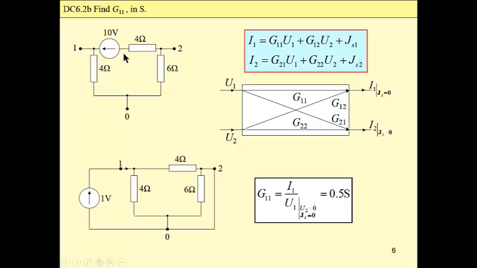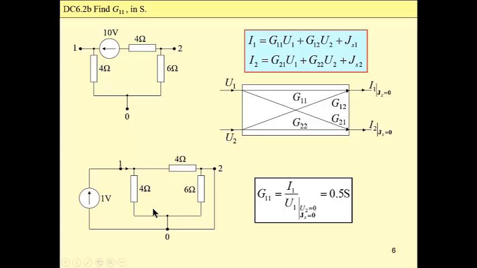So a circuit for calculation of G11 is a circuit with 1 volt connected between terminal 1 and 0 and terminal 2 shorted with 0, as we want U sub 2 equals 0, and obviously our source should be killed. I mean, terminals of a voltage source should be shorted.